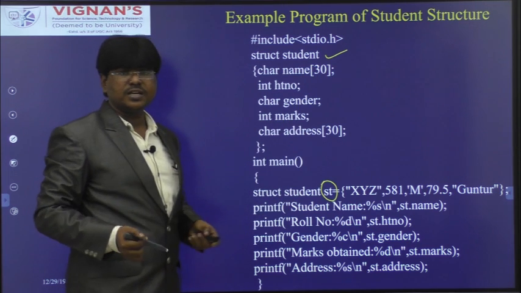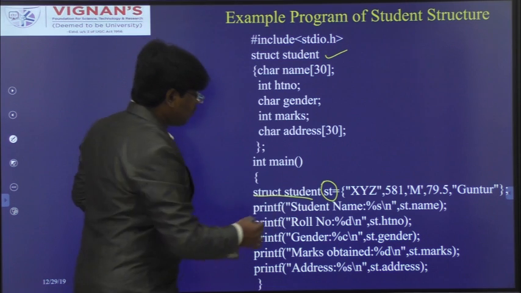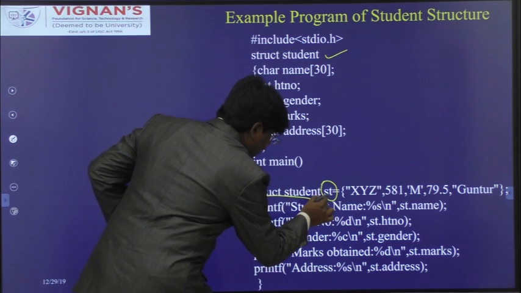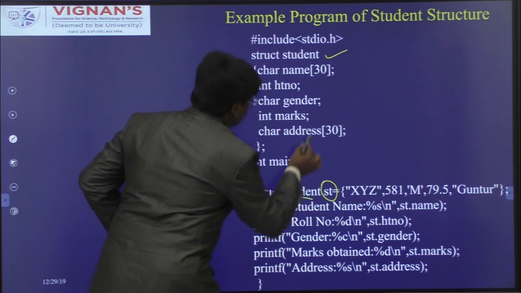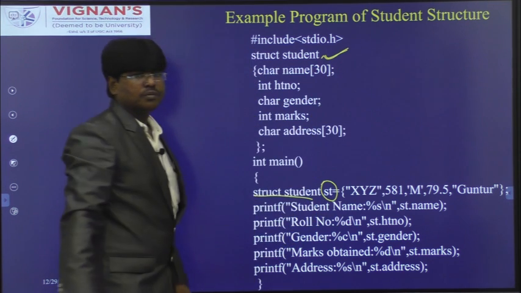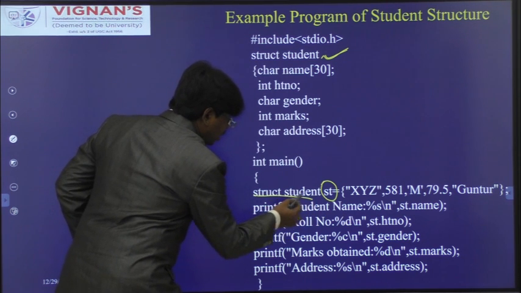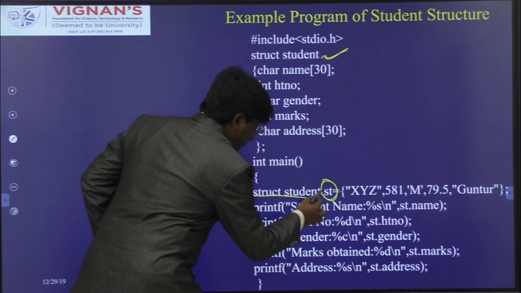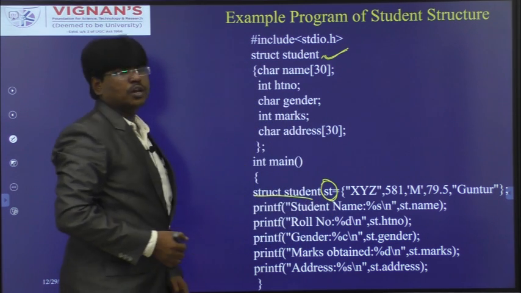How does the compiler understand? Because of the structure tag. Here I have declared st. When I declare st with the help of the structure tag, this st is associated with this particular student structure, and it will have the capability to access all these members by using this object.